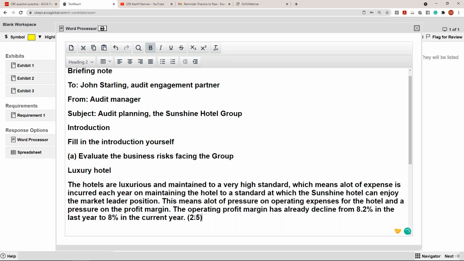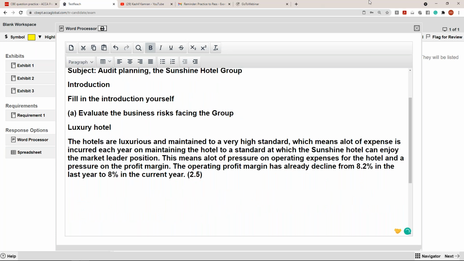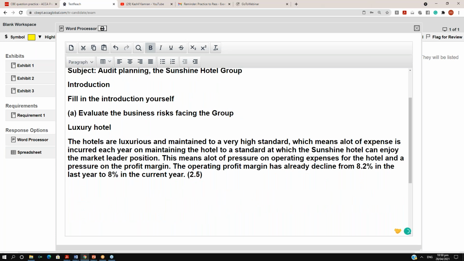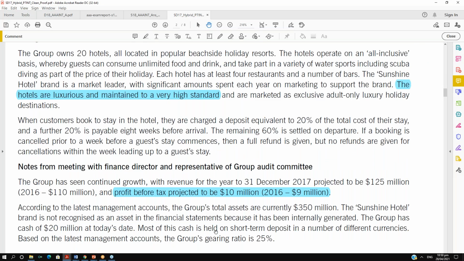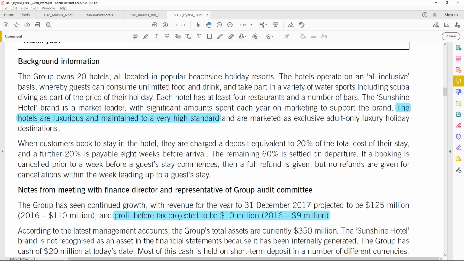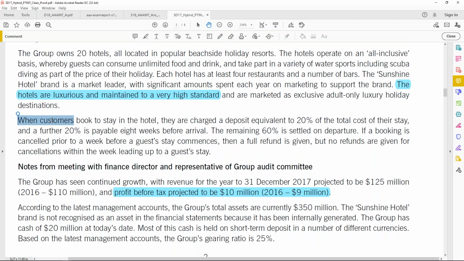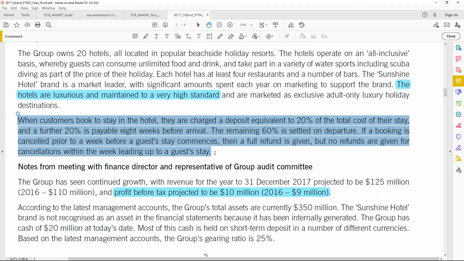Can we take the next point, point number 2, and see how we write it on the word processor, right? Next, go back to the case study again. Okay, the next point. Okay, the next point is about the risk of material misstatements. I'm just ignoring this point, right? This is basically a point of ROM. So I'm just ignoring the ROM point.